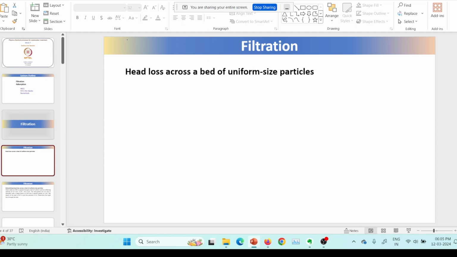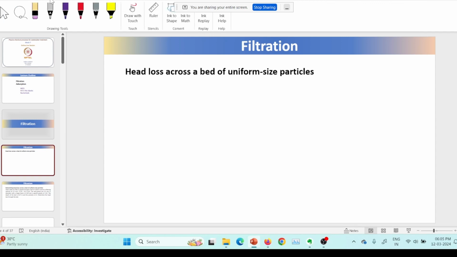So what happens? Let's say this is the filter and it consists of filter particles, the filter media.